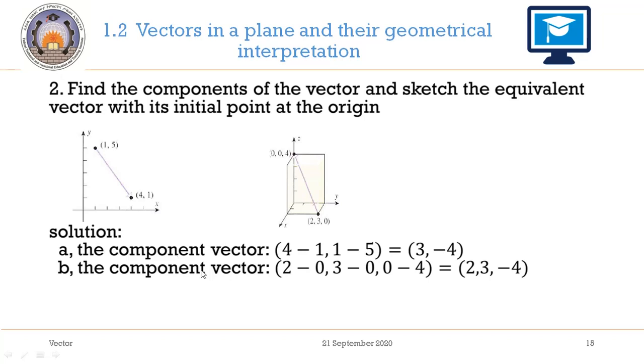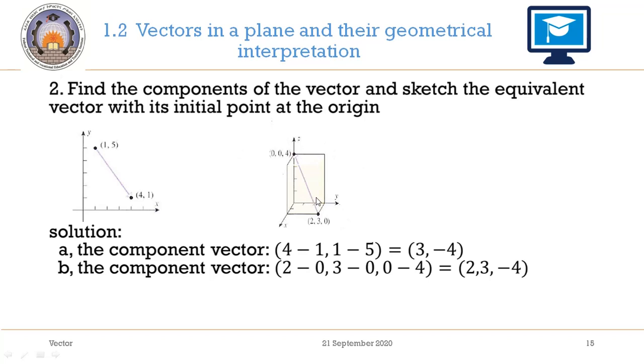To find the components of the vector, simply subtract the initial point from the terminal point. The terminal point of this line segment is (4, 1) and the initial point is (1, 5). Then the first component of the vector is 4 minus 1 and the second component is 1 minus 5. Then we have the components (3, -4).